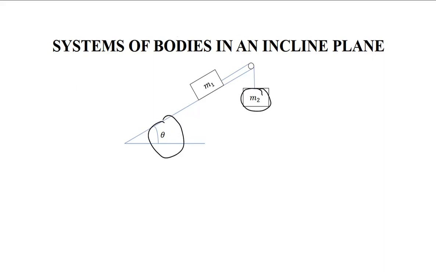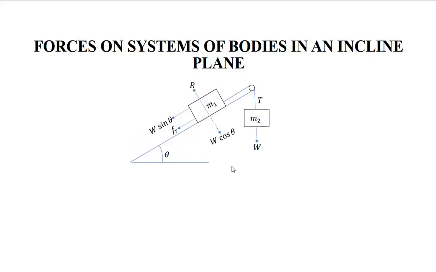The first thing we'll be dealing with is analysis of the forces acting on such system. So if we have a body of mass M1 on an inclined plane, we have the force parallel to the plane, which is W sine theta, tending to move the body down the inclined plane.